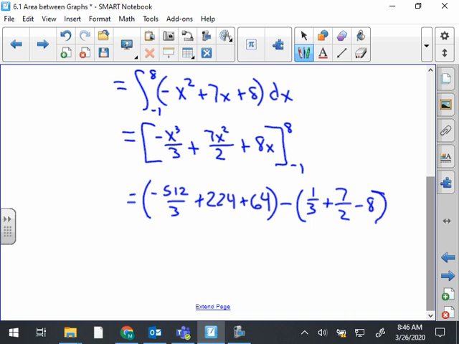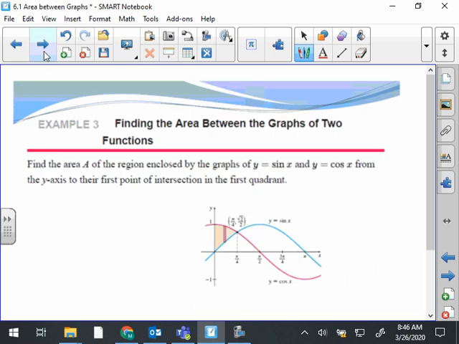And simplifying here, I would get 243 over 2, or 121.5 square units. Okay, hopefully that makes some sense. All right, let's go to the next example.